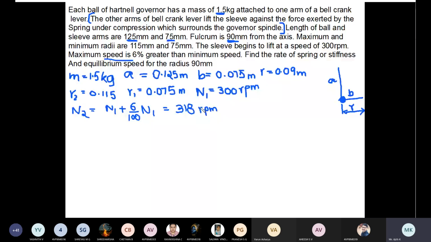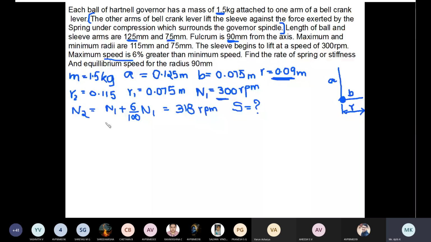You have to find the rate of spring or spring stiffness. That means the value of S you have to find out, and also the equilibrium speed for the radius 90 mm. That means when the radius of rotation is 90 mm, you have to find what the N value will be. Here N1 is the minimum rpm and N2 is the maximum speed.